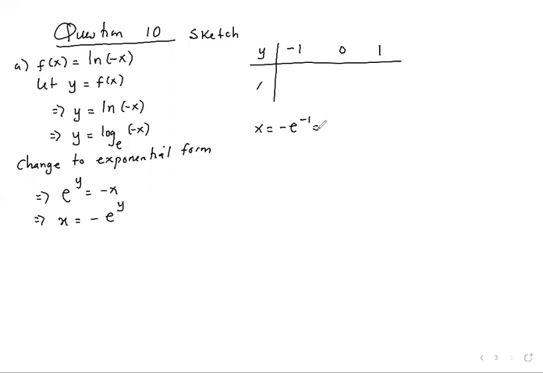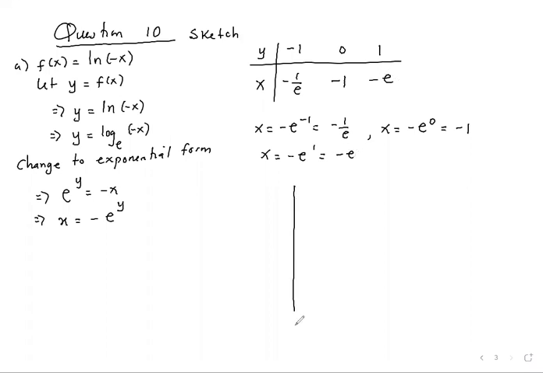We get negative 1 over e. And then what is x when y is 0? We have negative 1. And then what is x when y is 1? We have negative e. Put negative e here, and then put a sketch.